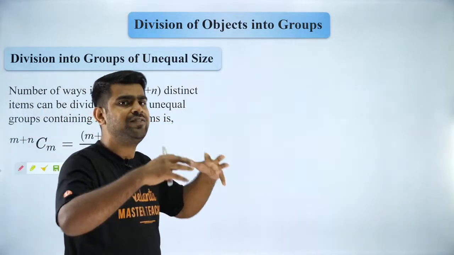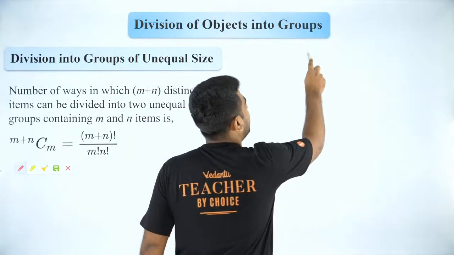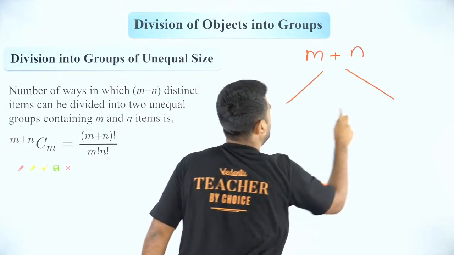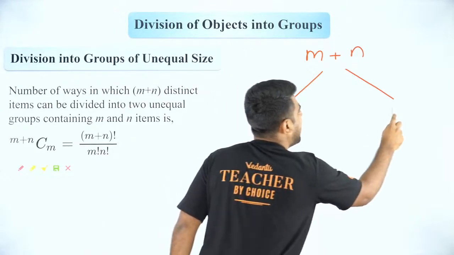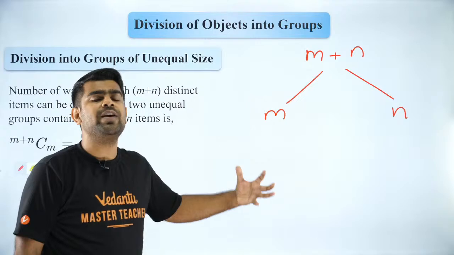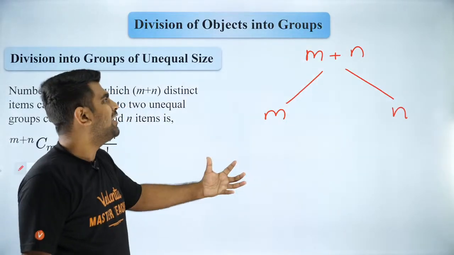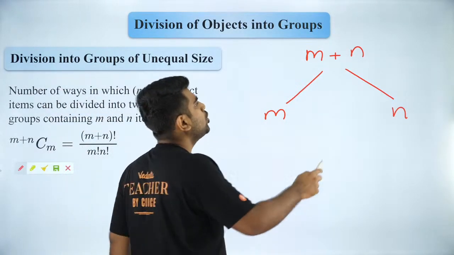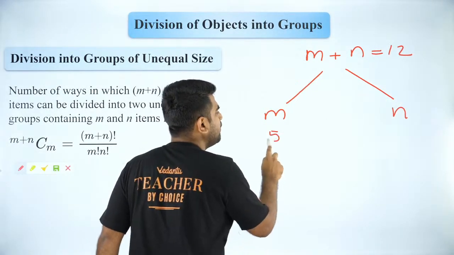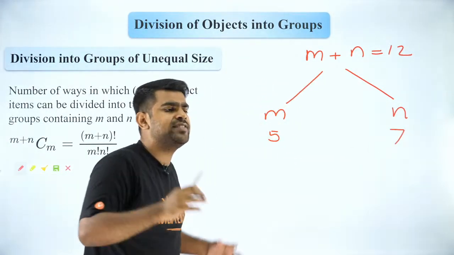So how do you divide, let's say you have m plus n objects into two groups of m objects and n objects? How can I divide that? That is what we are going to look at. So when I have, let's say, 12 objects, how can I divide it into groups of 5 and 7? That is the question.